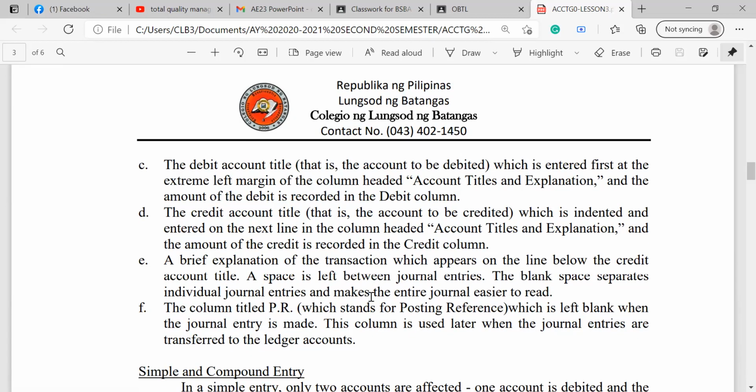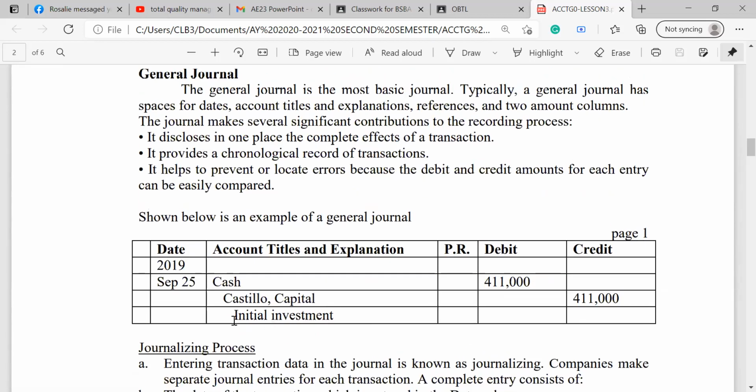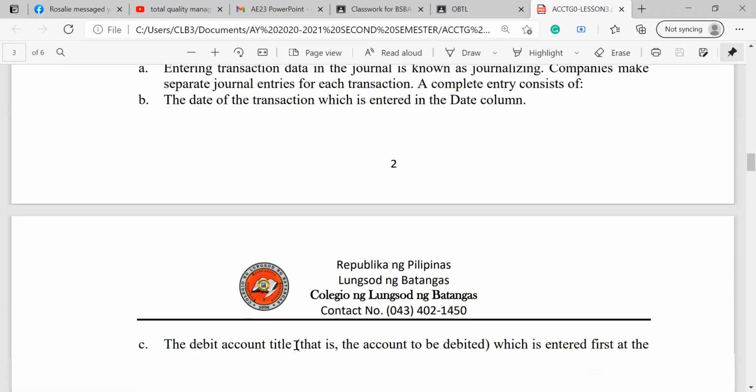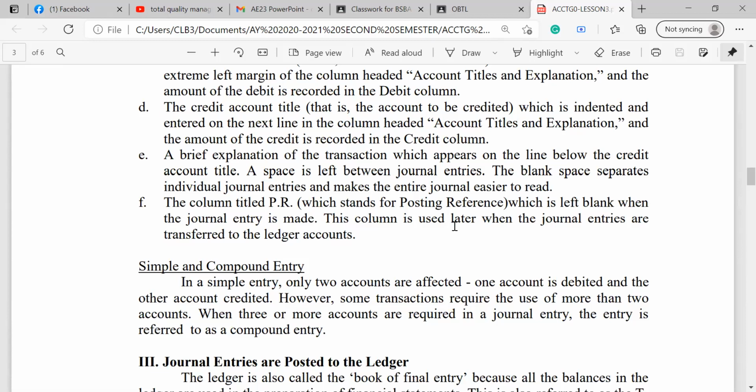And every time po magkakaroon ka ng journal entries, you put a space between journal entries. So, yung first entry natin, so dito, halimbawa, mag-space ka muna dito bago ka magsulat nung second entry. Okay? Yung column na PR, again nga po, yung posting reference natin, blanco muna siya.